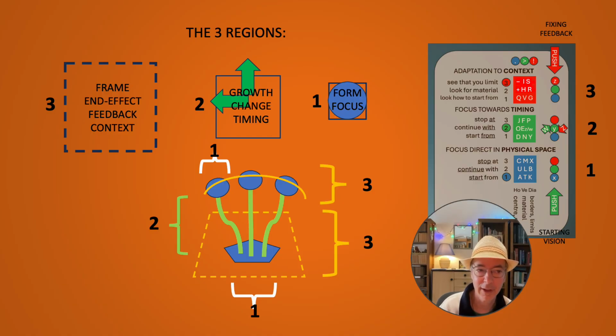So this frame is a region of focuses with letters in them that describe them, that are related with the words that you can understand very well, the words of frame, or an end effect that it will have, a feedback process that's in there, or a contextual association that you can have there. I will explain later what it refers to.